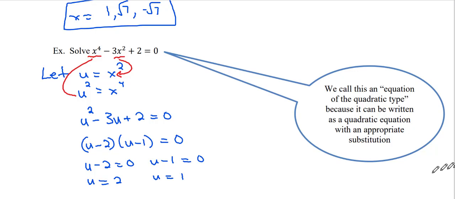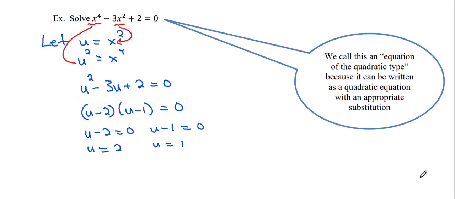Now an important thing here is that the original question did not ask me to find u, it asked me to find x. And so if u is equal to x squared, I need to replace that and solve to find x. My square root property tells me that I get x equals plus or minus root 2.